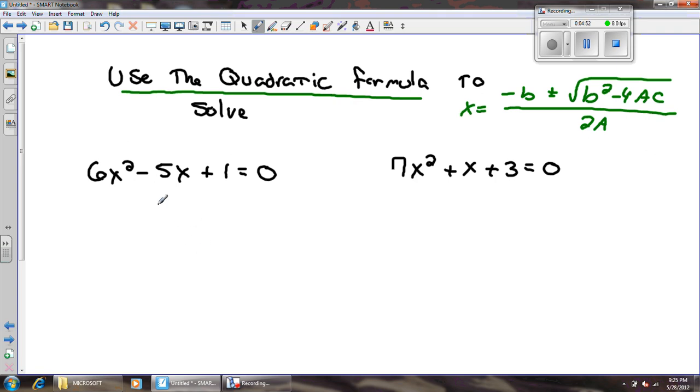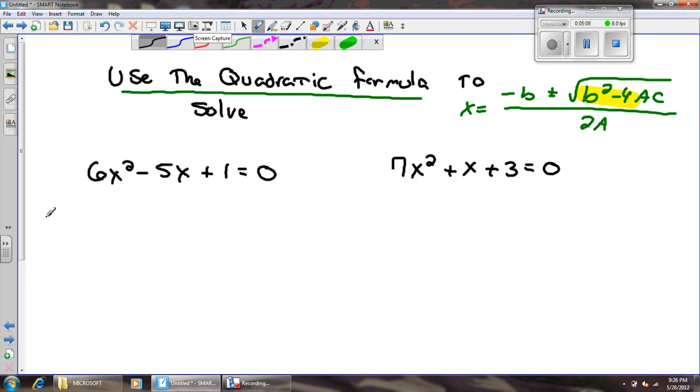Now remember, it might be smart to do the discriminant first because it'll tell you how many solutions there are going to be. The discriminant is this part of the quadratic formula you'll recall, right here, b squared minus 4ac. So you might want to do that.